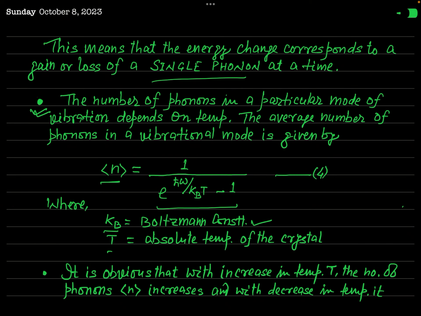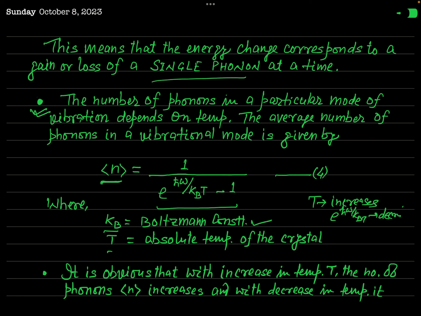So you can see, if T increases, then what will happen to the value of this n average? When T increases, h bar omega by kB T will decrease. And if the power on the exponential decreases, then e to the power h bar omega by kB T will decrease. Okay?